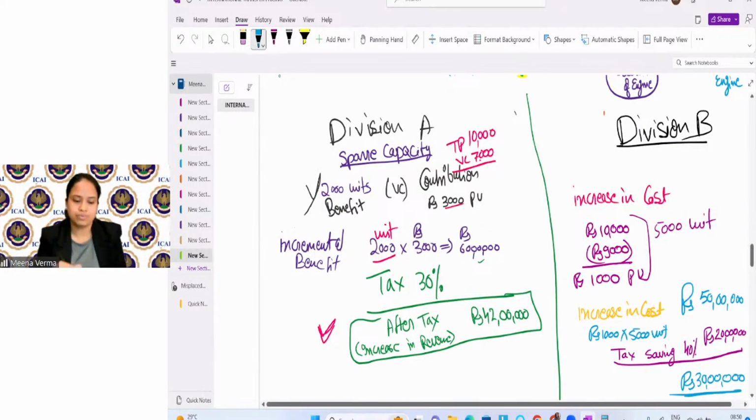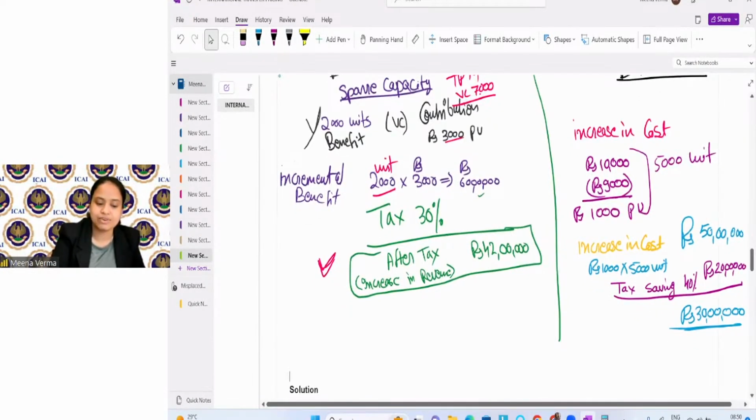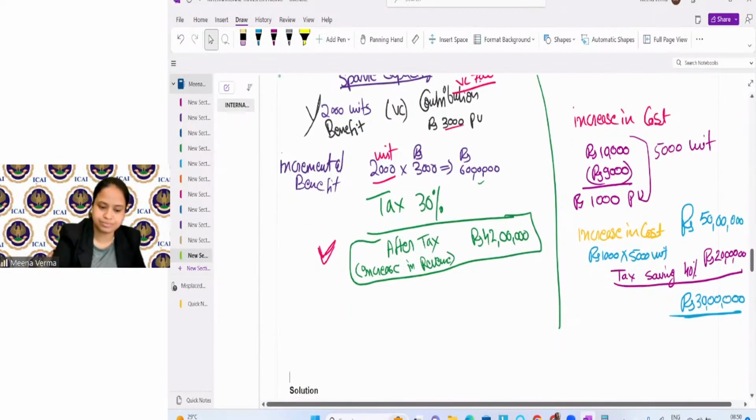Okay, look, what is happening now? If the inter-divisional transfer from India to Italy happens, there is an increase in revenue of 42,000.